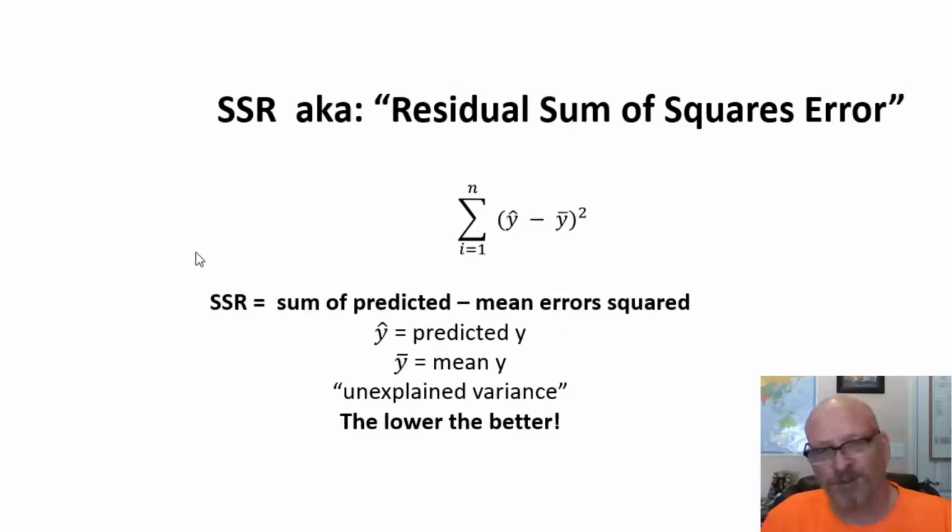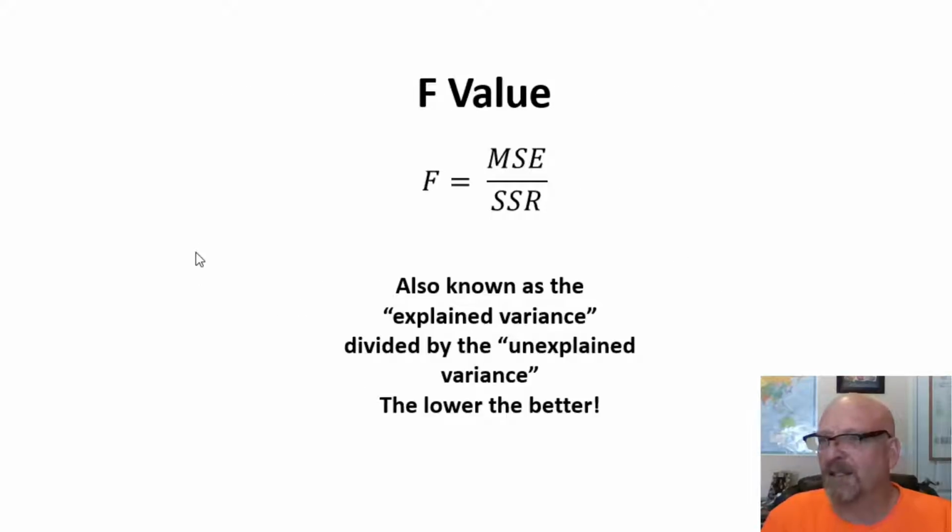There it is, residual sum of squares. Okay, keep me honest there. The F value is known as the explained variance, which is the MSE. We can explain that. That is the variance that comes from the prediction, okay, to the actual. Divided by the unexplained error variance, which we talked about before in our previous video, which is the SSR.